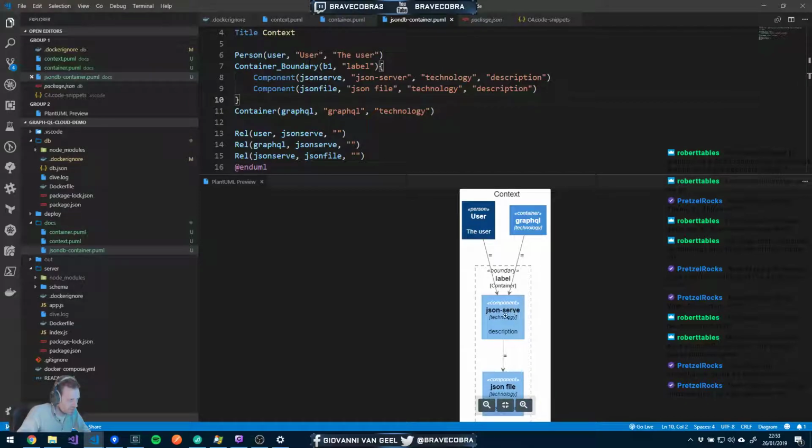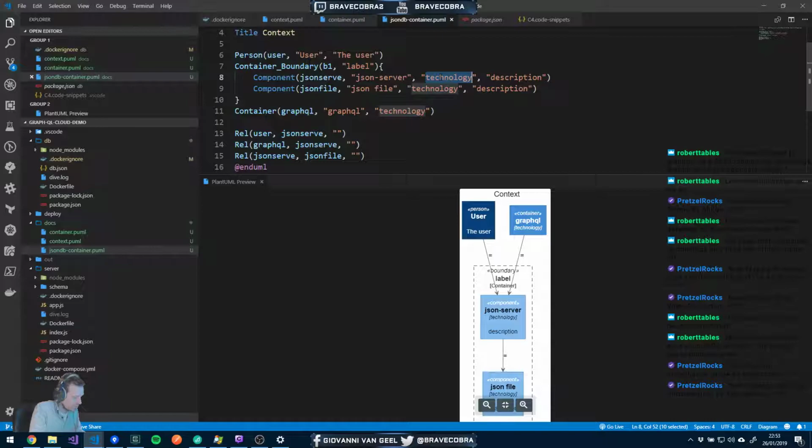So both the user directly is going to be using the JSON server, and that one is using the JSON file to deliver its contents. Okay, cool. So yeah, I'll get the descriptions and the technology, etc. filled in. That'd be nice.